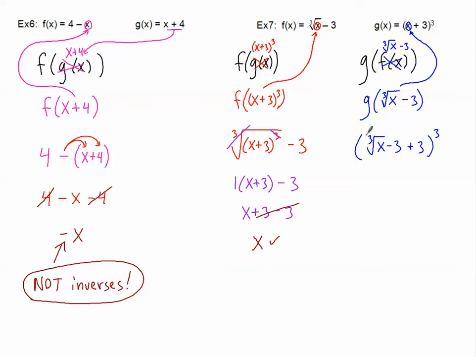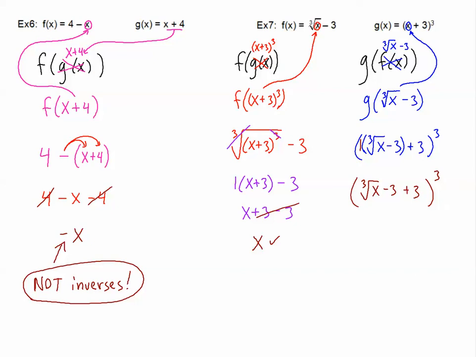Now, yeah, sure, probably I should have put this in parentheses, but it's really just a 1x right there, so it doesn't really need to be in parentheses. In fact, I'm just going to take those parentheses away right now. The main parentheses are right here. We'll deal with that in a minute, but this is just the cube root. It's like 1 times this stuff, so that's the cube root of x minus 3 plus 3.